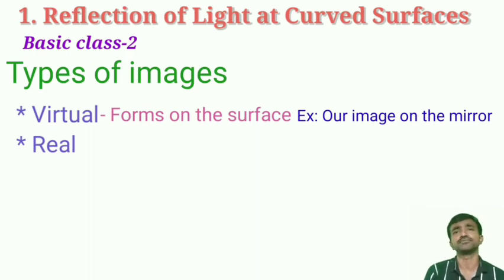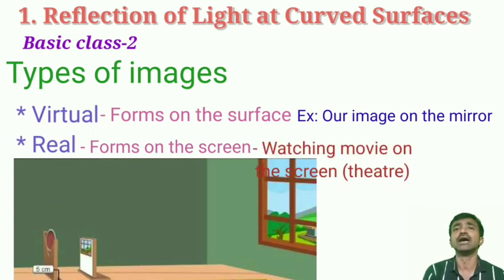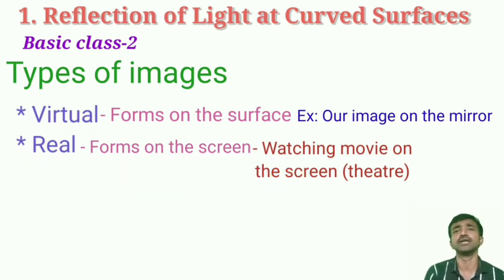Suppose you use a concave mirror, that can form the image on the surface of a wall or on white paper, or you can use any cloth as a screen. So on the screen you can capture the image. This type of image is called a real image. What is the reason behind the formation of a real image?